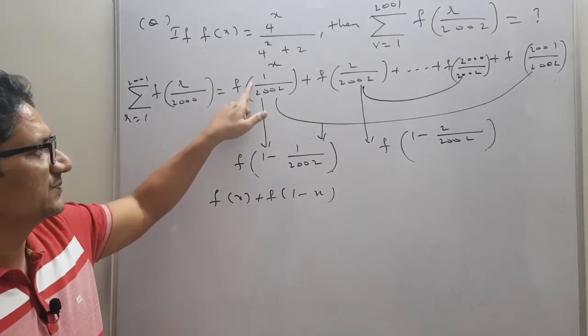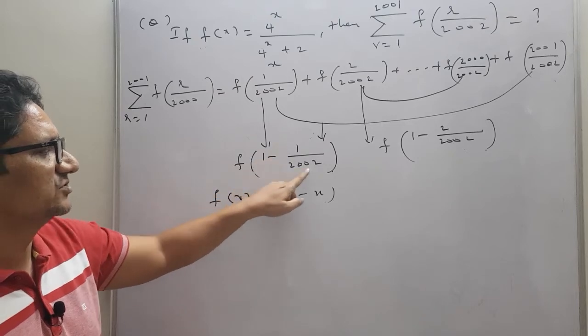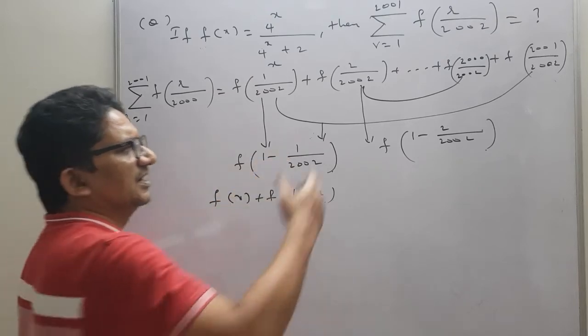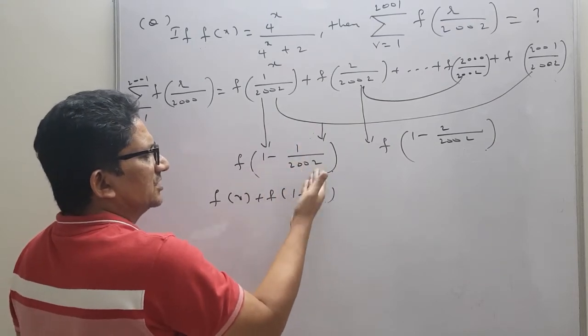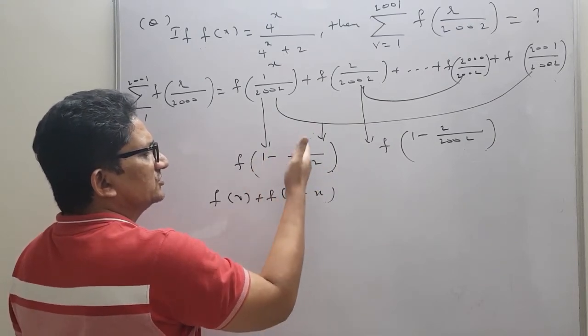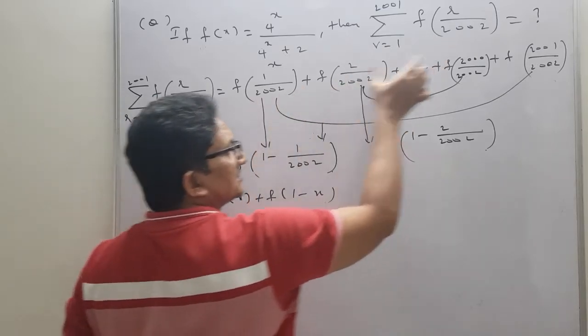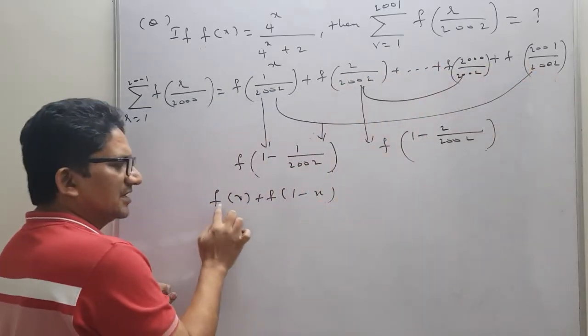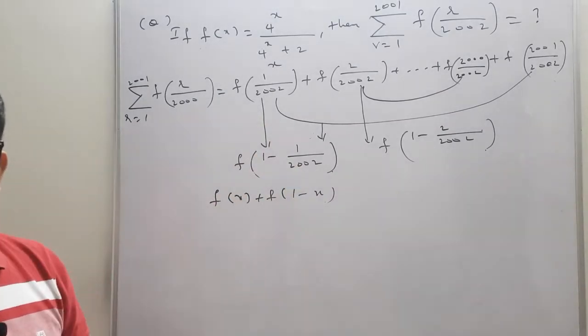Observe carefully, this part can be written as 1 minus 1 by 2002, so that means we get 2002 minus 1 by 2002. That's why the combination of this and this is nothing but f of x plus f of 1 minus x. Is it clear or not, students?